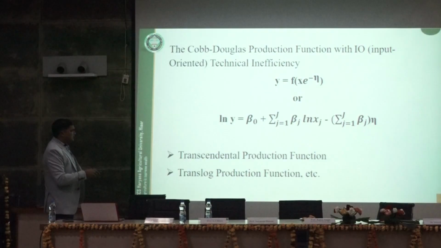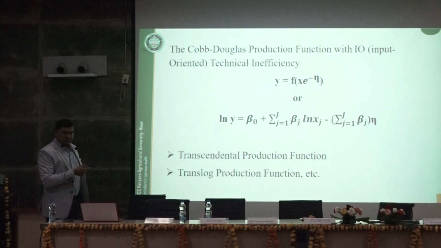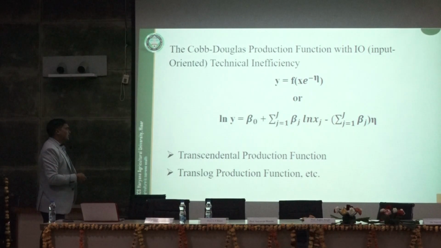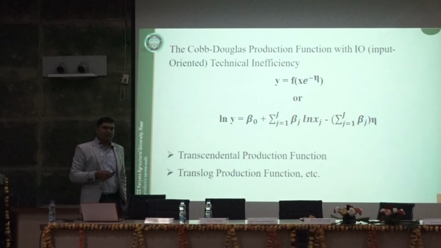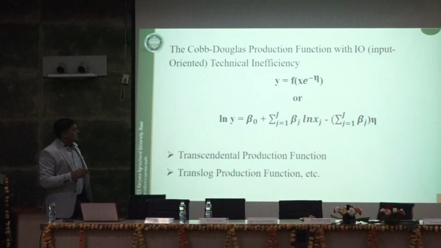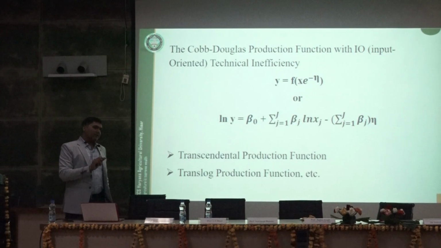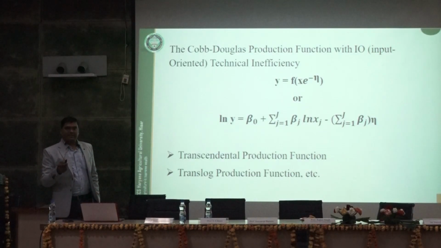This is the functional form of the production function in case of inefficiency. And these are some other production functions we can also use. Today we will discuss the Cobb-Douglas function and the analysis of the Cobb-Douglas function in Stata.